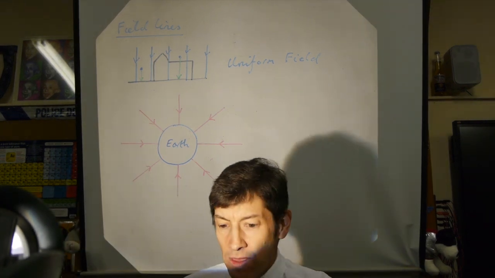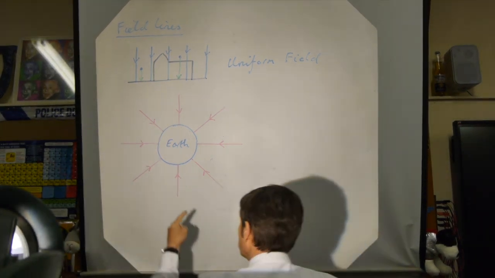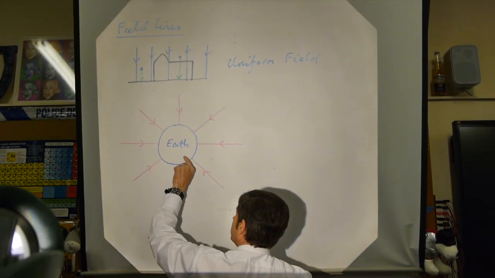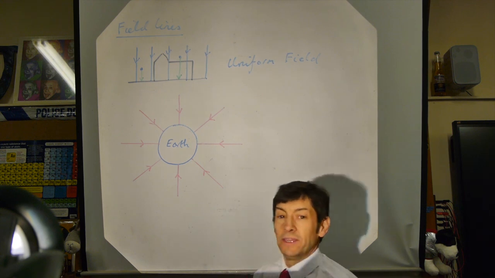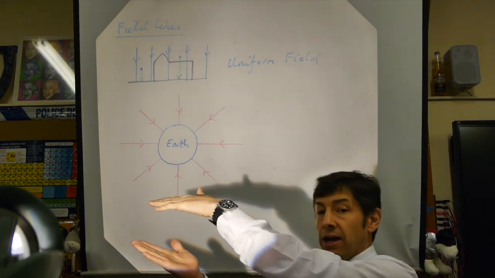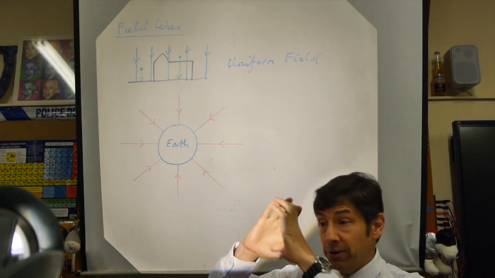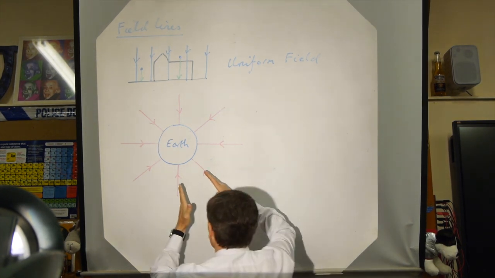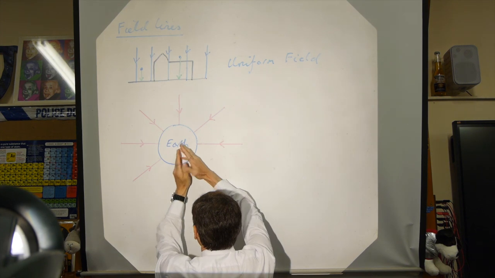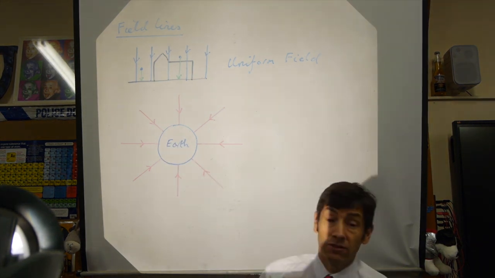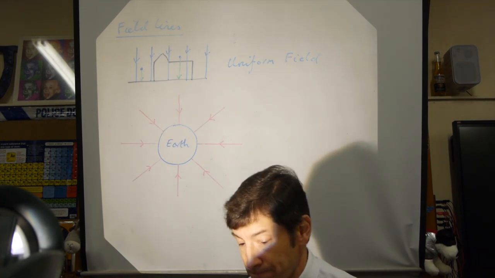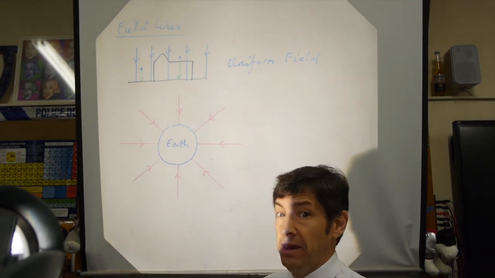But if you were to draw field lines going in towards the centre of the Earth, you're making the field lines get closer and closer. Do you remember it's how many field lines pass through a metre squared? As they get closer, there's more and more of them bunched up, and you're telling me that the gravitational field strength in the centre of the Earth is infinite. We're not in the black hole game here.